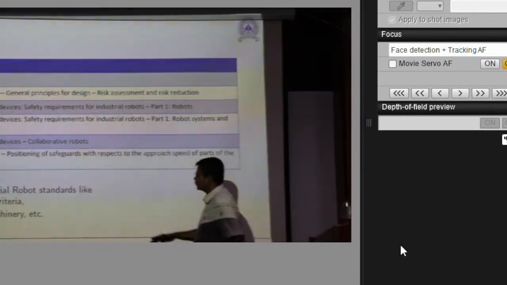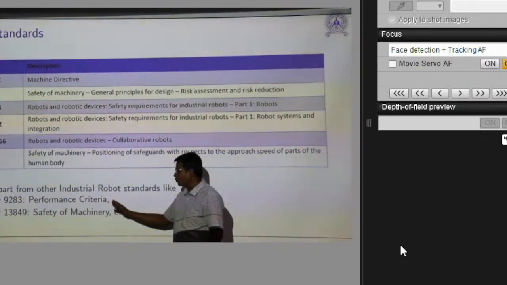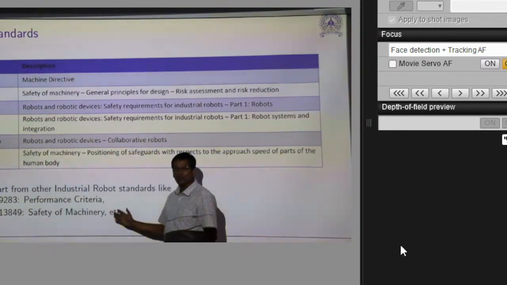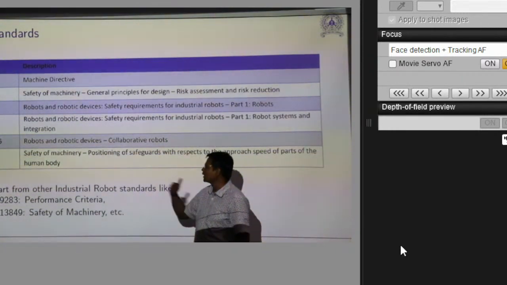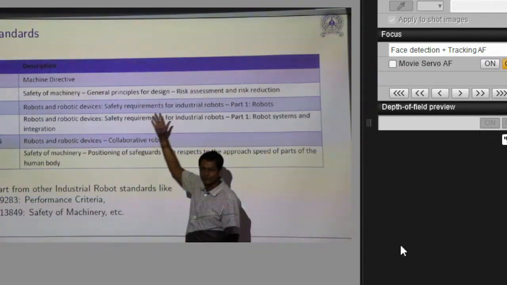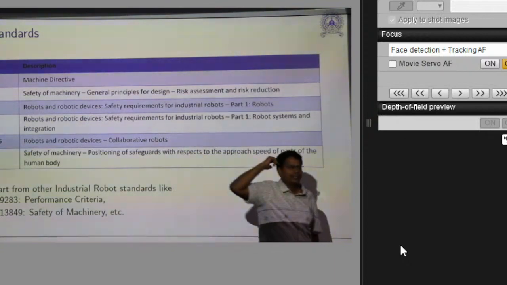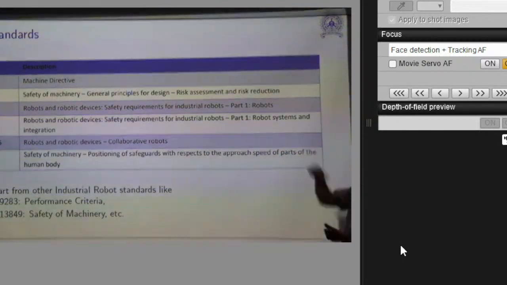Apart from these two, these are specifically performance criteria for robots. This is for safety of machinery. In general any robot follows these two ISO standards. Apart from this, cobots follow all these in the table, right? So it has so many additional standards to follow.